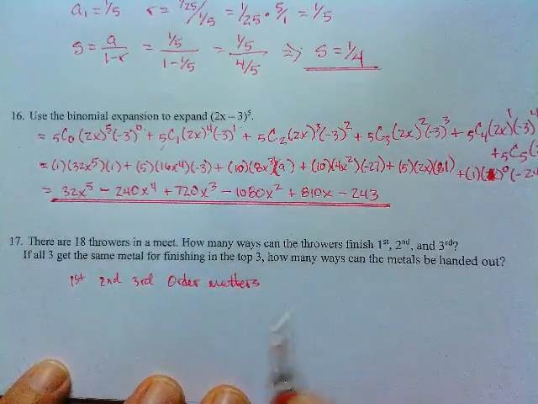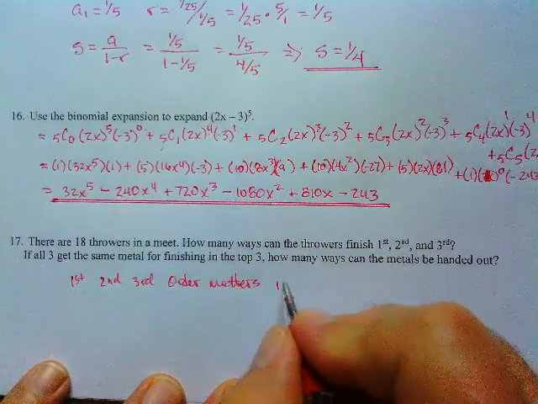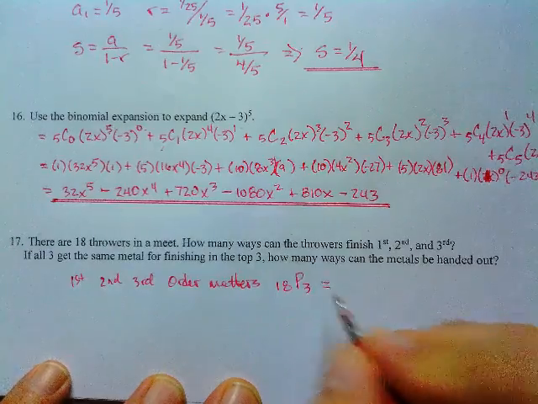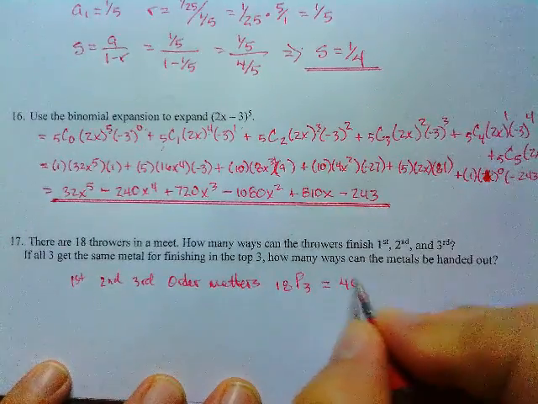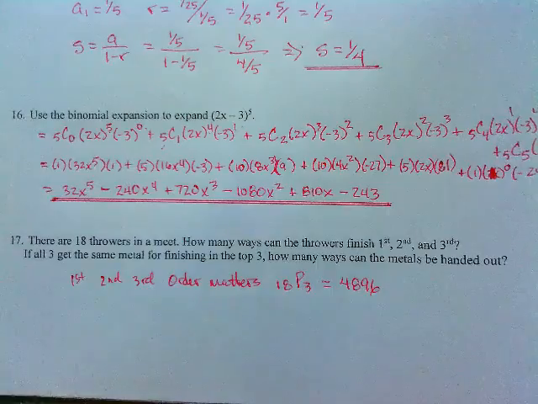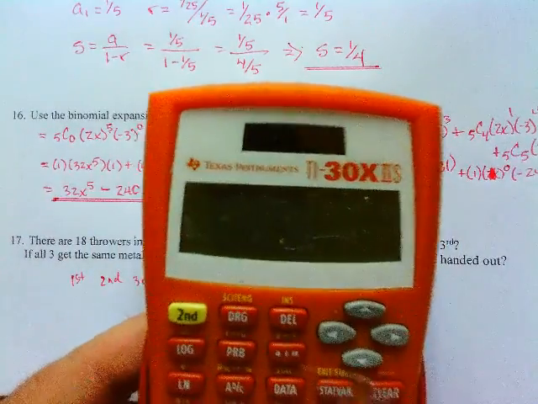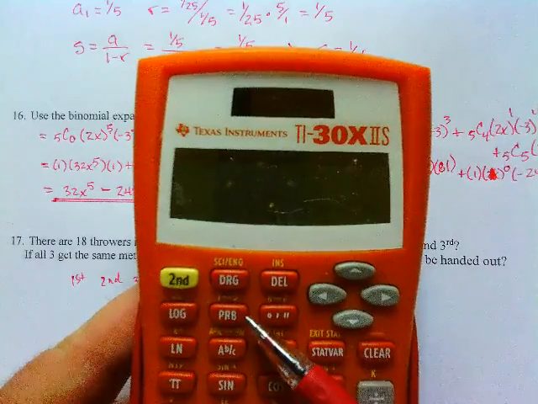We have 18 throwers. We want just the top 3, so that'd be 18P3, which using our calculator will be 4896. And I won't do it now, just to remind you, you will do this using the PRB button.